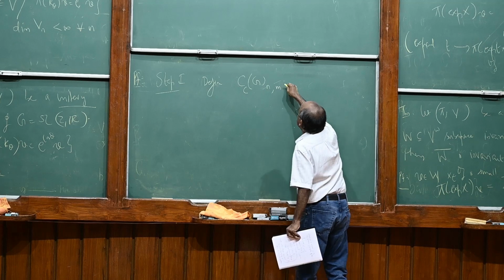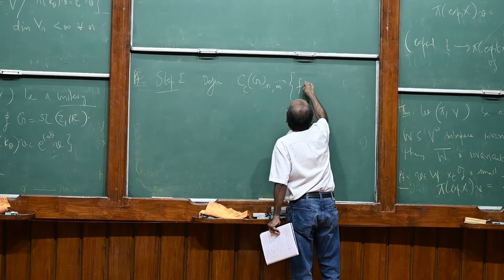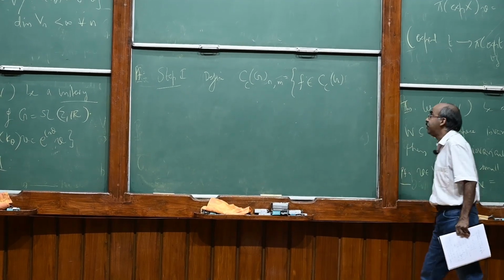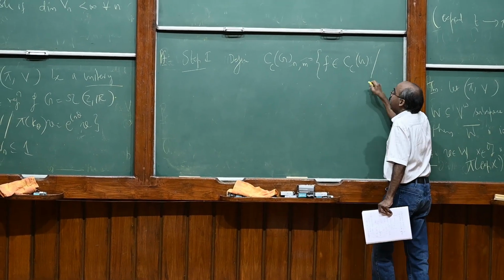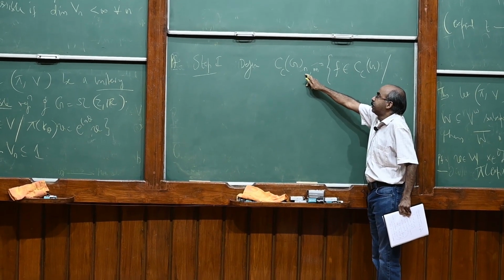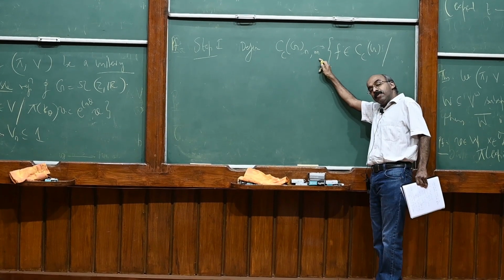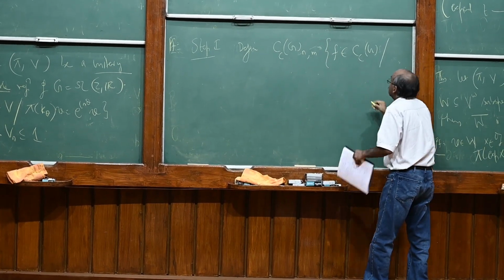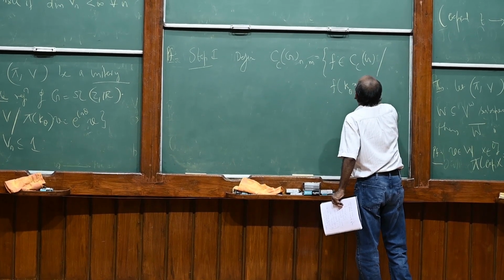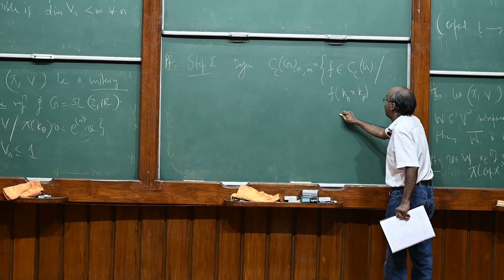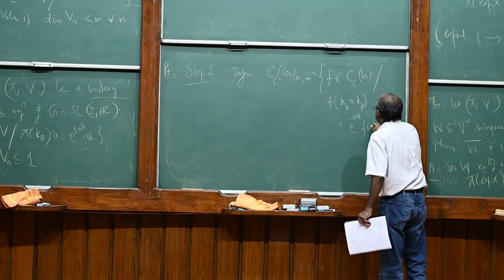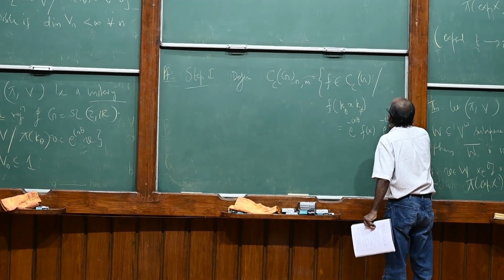This is going to be the class of functions f in CcG which are compactly supported and continuous, but with respect to K have a certain transformation on the left with respect to the nth character and on the right with respect to the mth character. So f of k theta x k phi is going to be equal to e to the minus i n theta f of x times e to the minus i m phi.